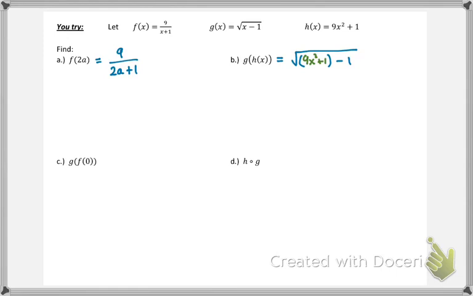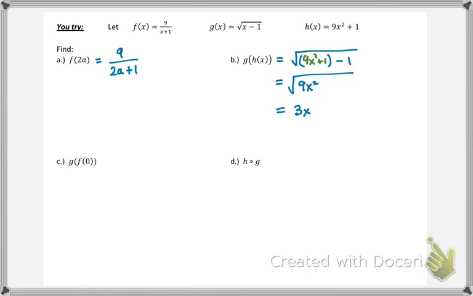Because I'm putting the h into the g function as the new input, and then we simplify. Square root of 9x squared plus 1 minus 1 is just 9x squared, so the plus 1 and minus 1 cancel out. And the square root of 9x squared is 3x.